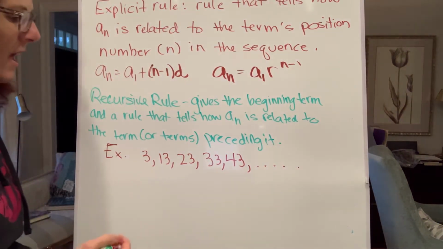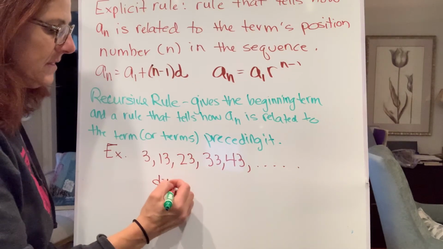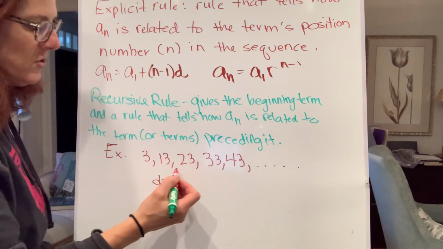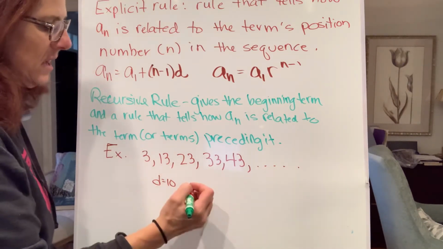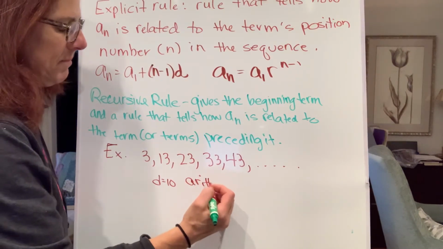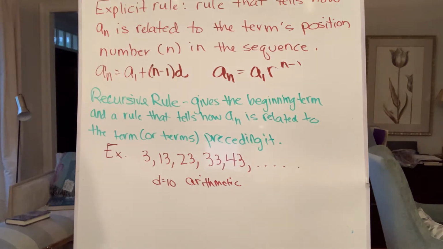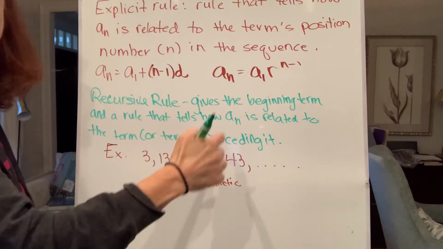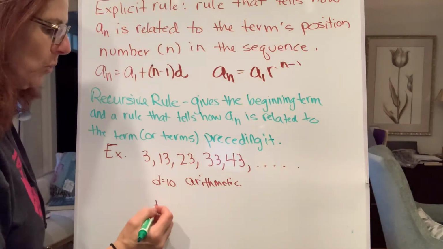This is an arithmetic sequence where d is 10. 13 minus 3 is 10, 23 minus 13 is 10, 33 minus 23 is 10. So it's arithmetic, right? In this case, you can see that all I do is keep adding 10 as I go along. So that's how you define your rule.